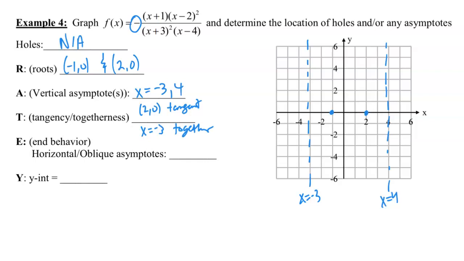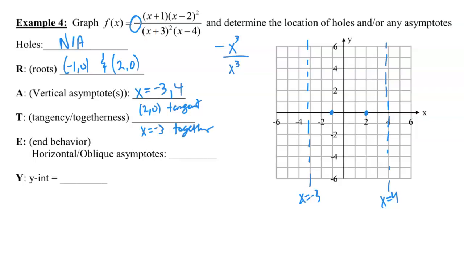Now for end behavior, again, we don't have to multiply all of this out. We do have to remember that there's a negative in the front there, so I am going to do that. So here I'm going to have a negative, I'm going to have an x times an x squared, and x times x squared is going to be x cubed. And then in the denominator, we're going to have an x squared multiplied by an x, and so that's also going to be x cubed.